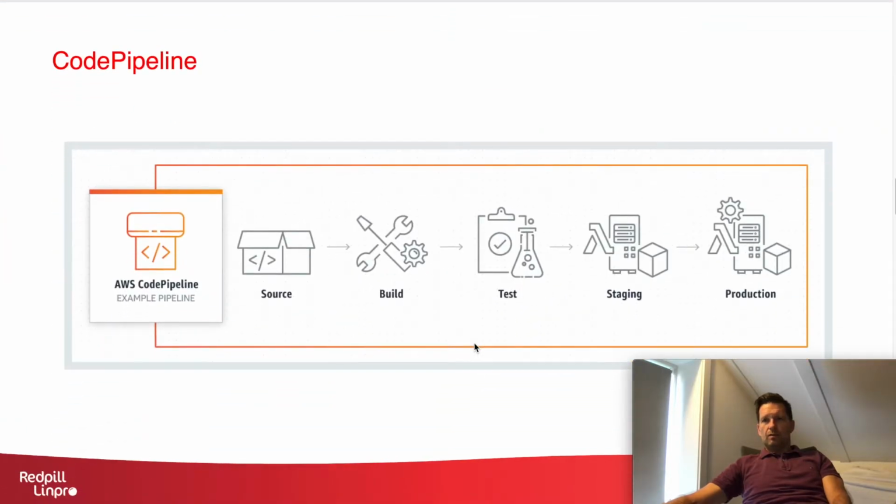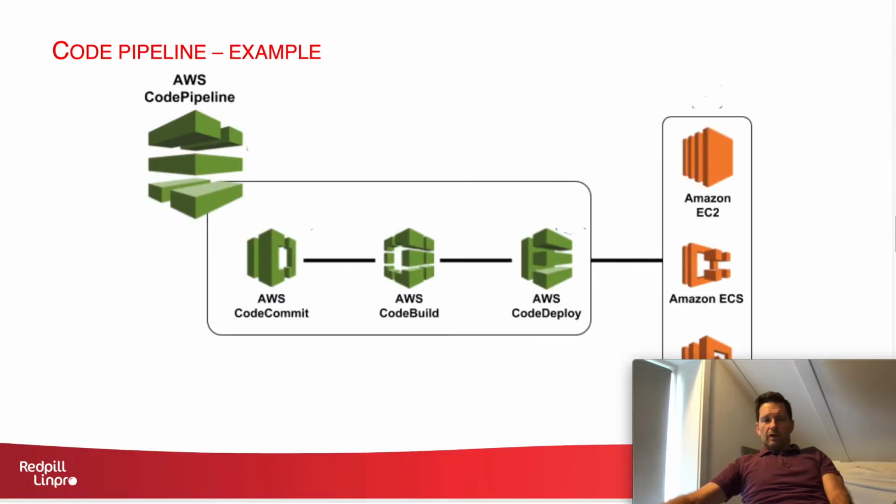And it looks something like this conceptually. This is a typical development pipeline for CI/CD. Now, this is more of a real-life example. AWS CodeCommit receives a code update.